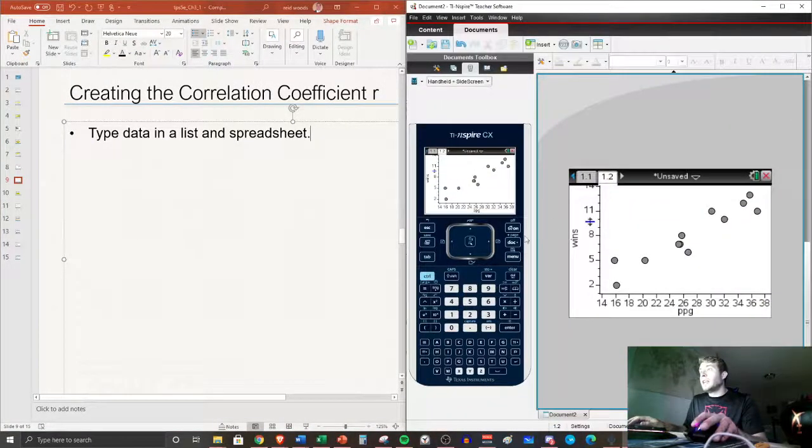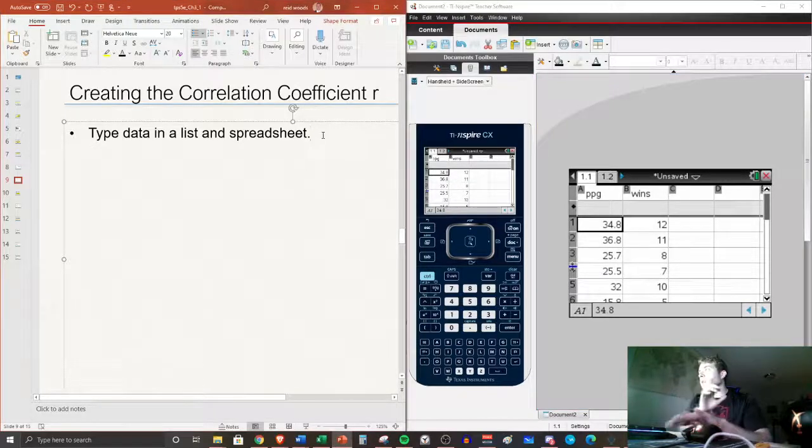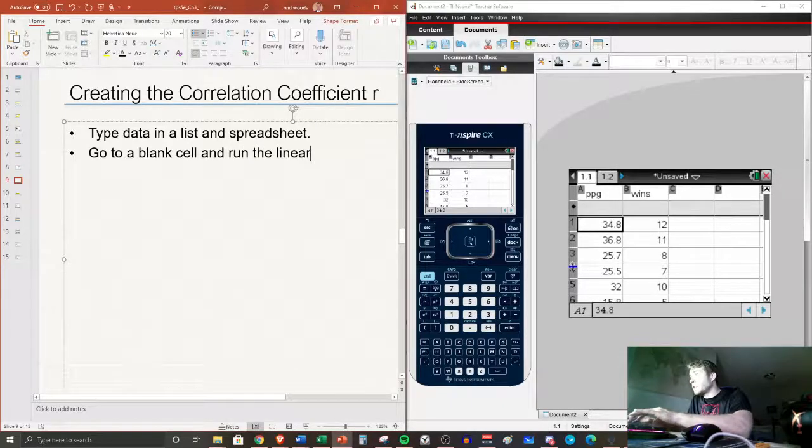All right, next, so we need to go back. So everybody on your calculators, go back to your list and spreadsheet right here. All right, once the data's in, go to a blank cell and run the linear regression. Okay, so how do we do that?